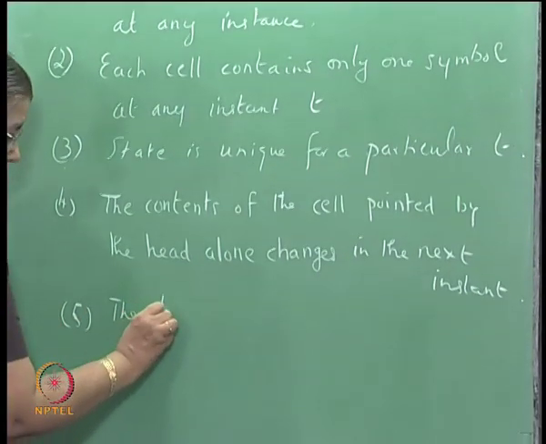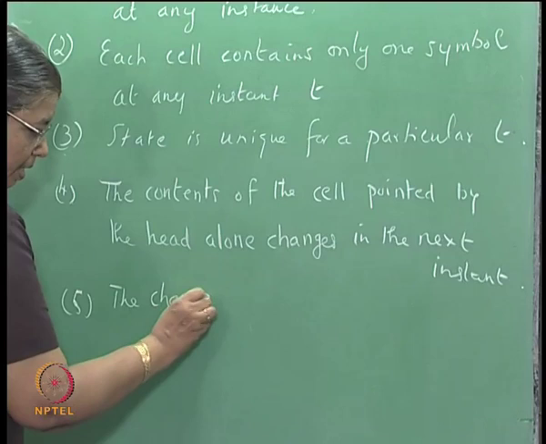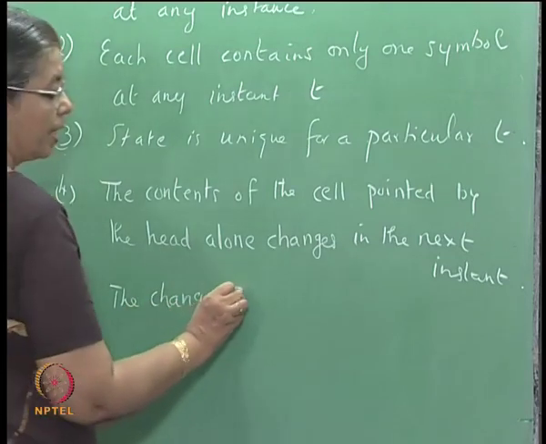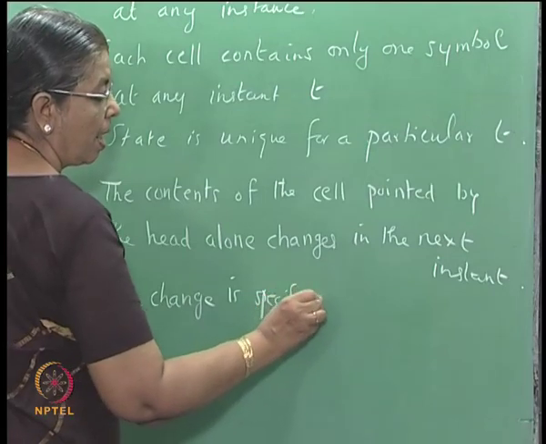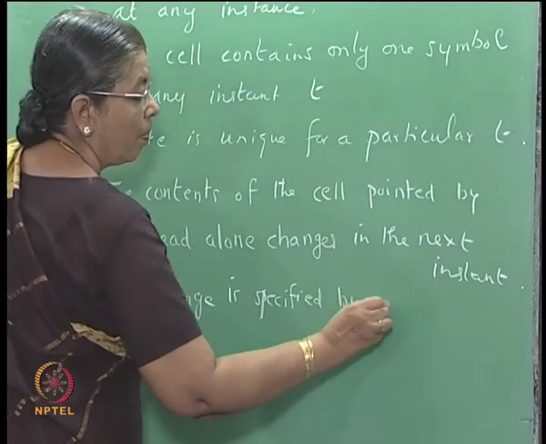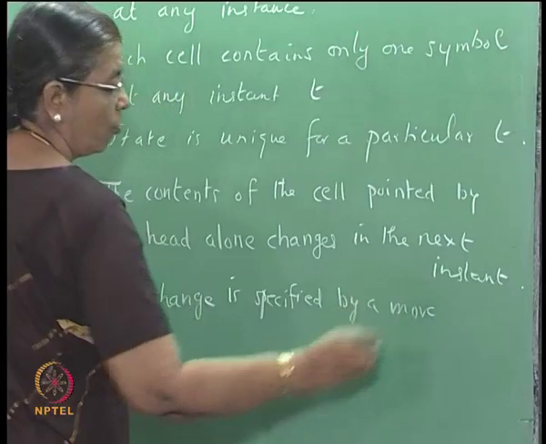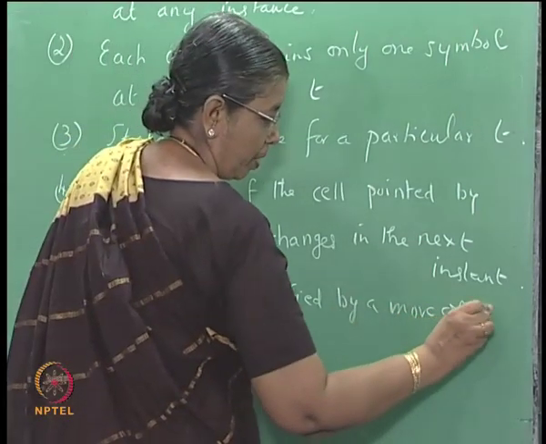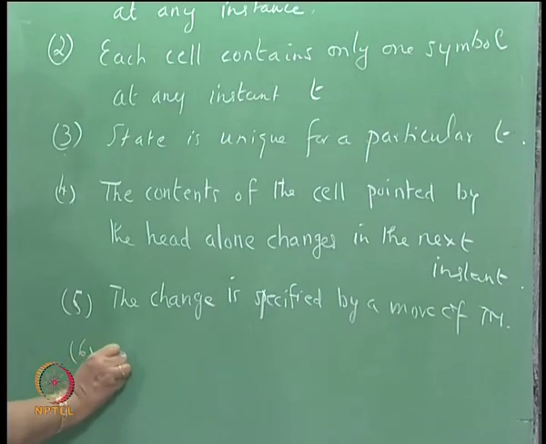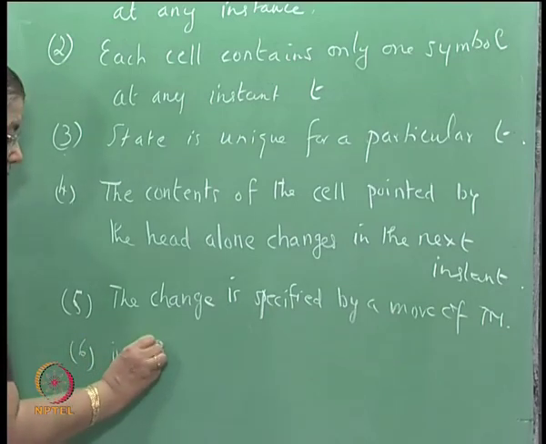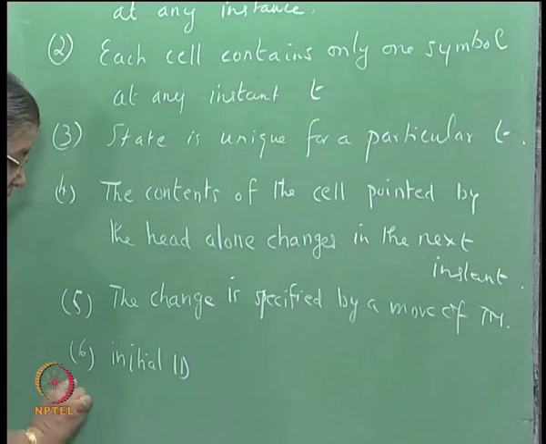The change is specified by a move of the Turing machine. Six, you have to take care of the initial ID and you have to take care of the final ID.